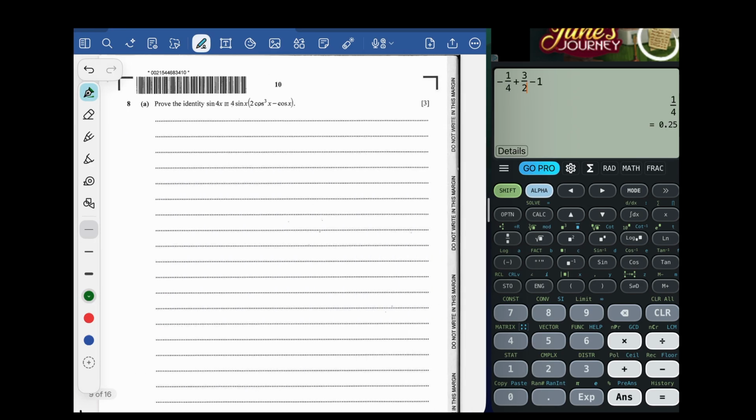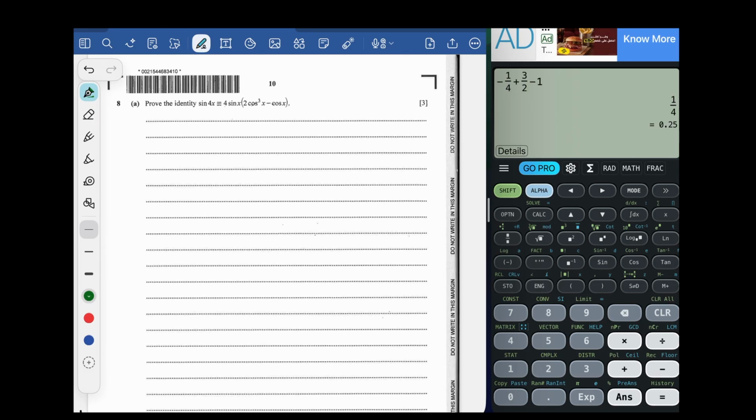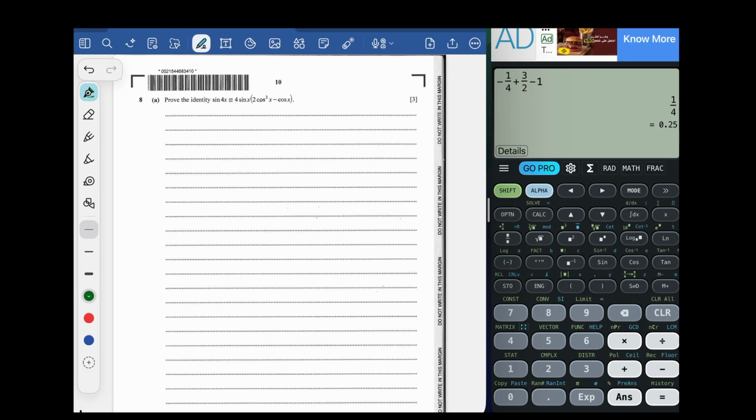All right, so now let's see this one and how to solve it. So this is an identity. We're to prove the identity of sine 4x. So how do we prove sine 4x? We should already know how to prove this, but let's see.